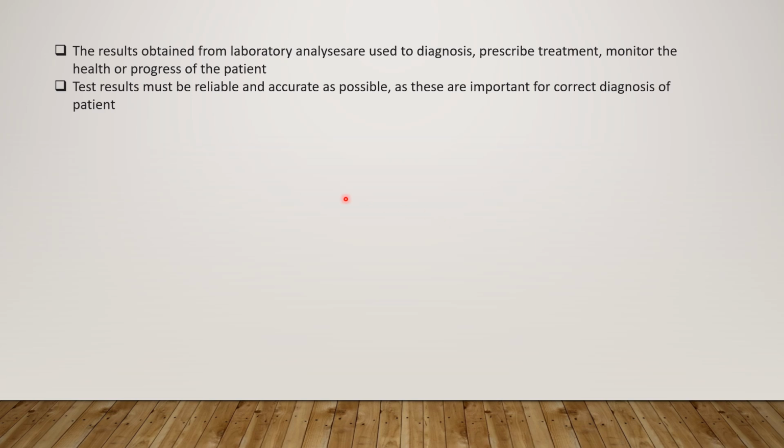So the results obtained from the laboratory analyzers are used to diagnose, prescribe treatment, and monitor the health and progress of the patient. Test results must be as reliable and accurate as possible, and this is important for correct diagnosis of the patient.